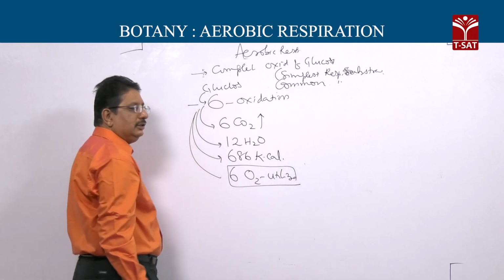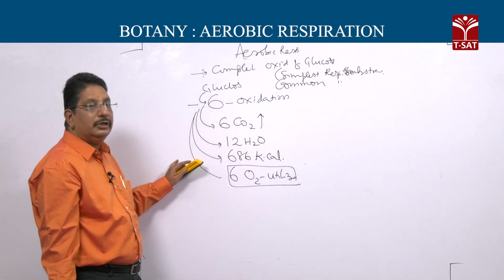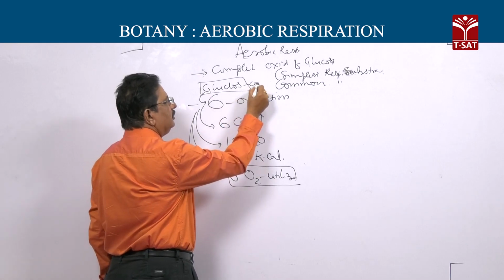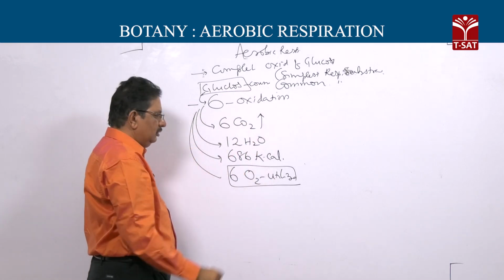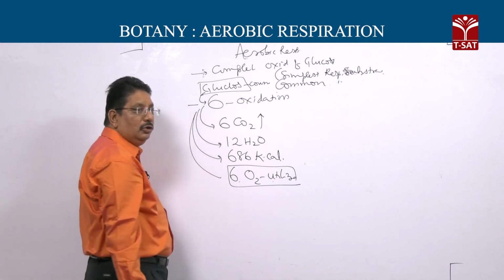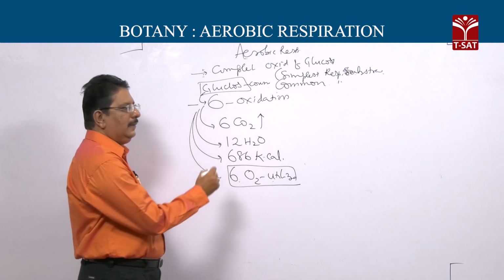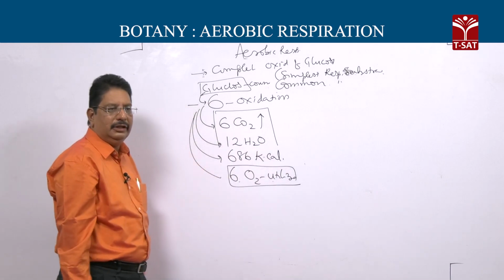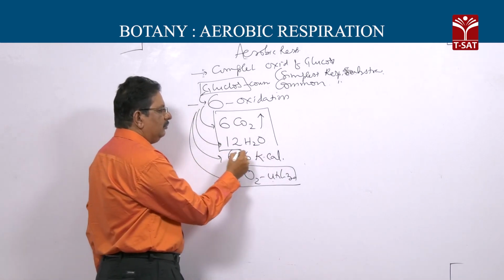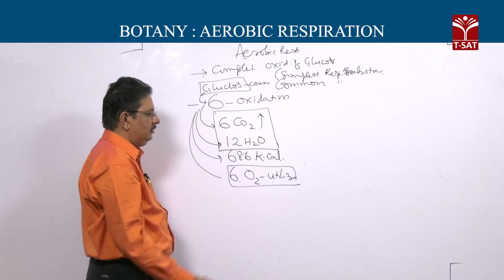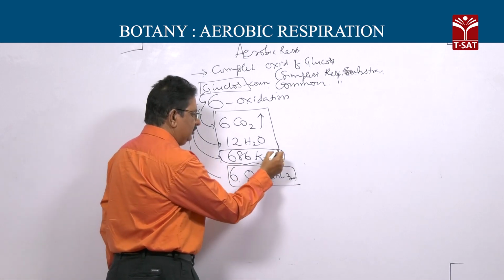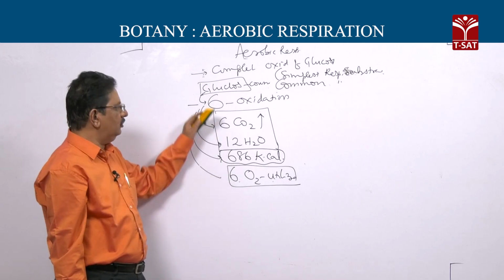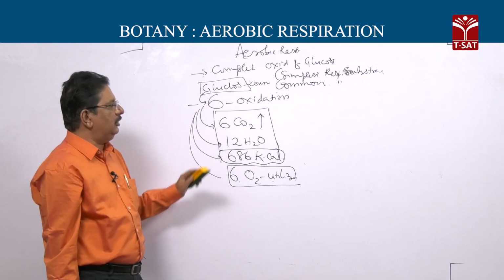So, let us take the summary. During aerobic respiration, one molecule of glucose is consumed, 6 molecules of O2 are utilized, 6 CO2 molecules are liberated, 12 water molecules are released, and 686 kilocalories of energy is released. So, this is the summary.